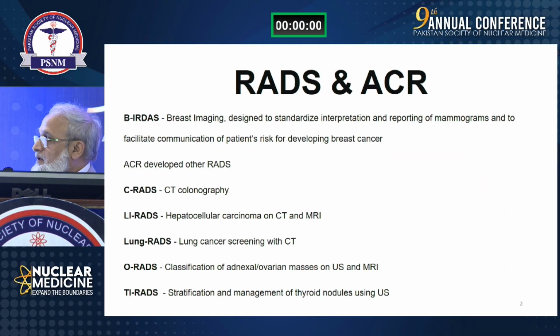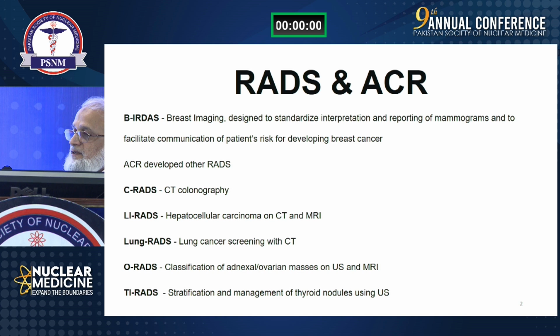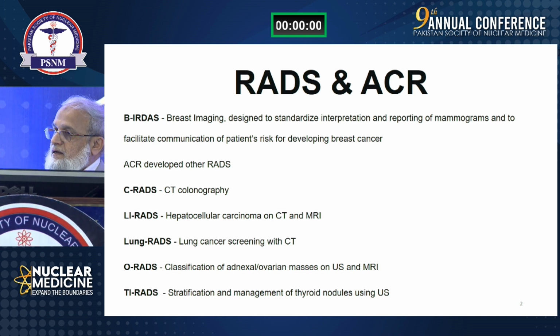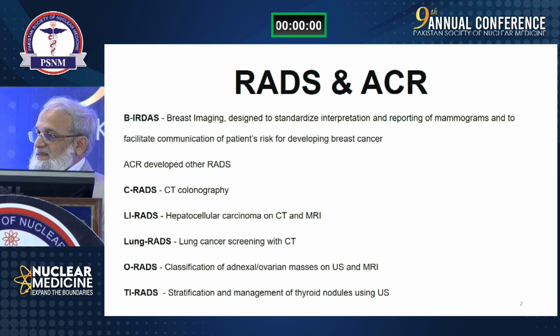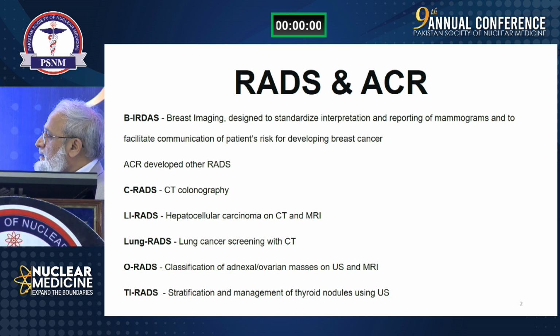Our radiology colleagues have developed different criteria on which they can assess the various imaging modalities, like in the breast, colonography, hepatocellular carcinomas, etc., just to standardize the various reports they are making.